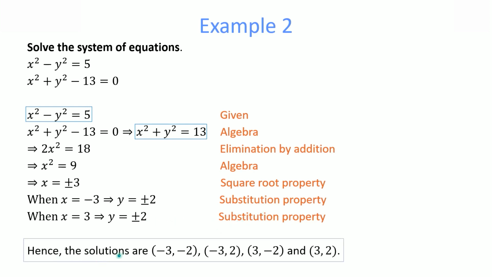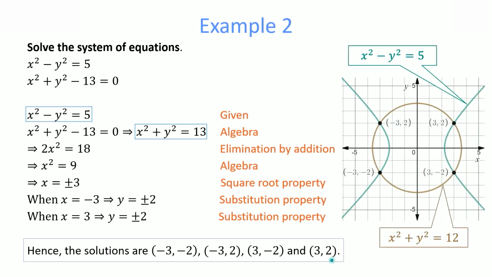So therefore, our solutions are the points minus 3, minus 2; minus 3, 2; 3, minus 2; and 3, 2. We could also solve this problem by graphing the two quadratic equations, and we see that the points of intersection of the two graphs are the same points that we found here by using the method of elimination.